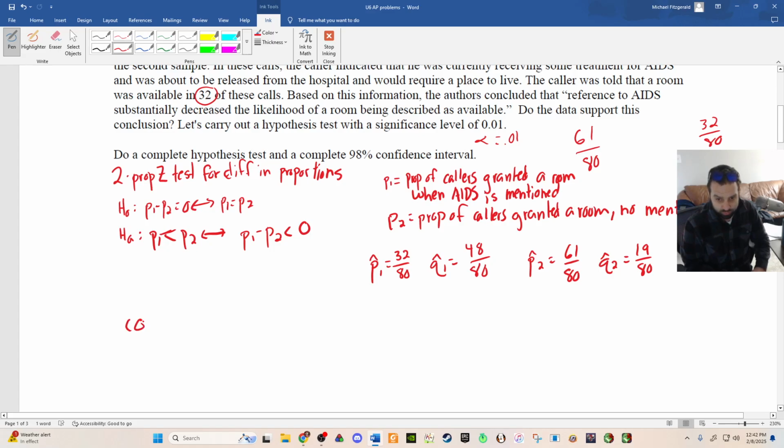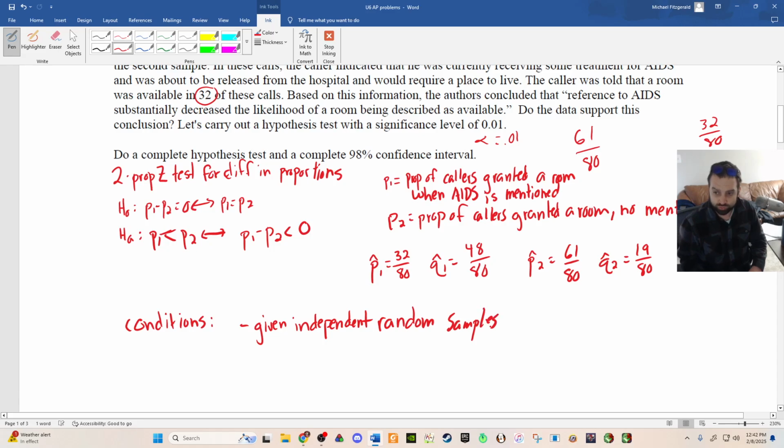Conditions. We're given independent random samples. Good. 10% condition: we know n1 and n2 are both equal to 80. In this case, they just happen to be that way.